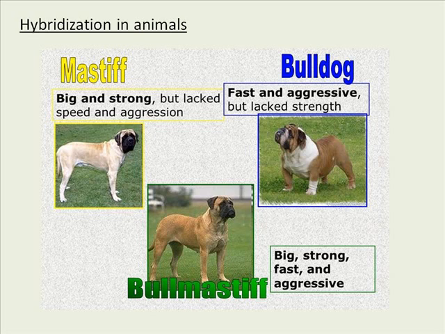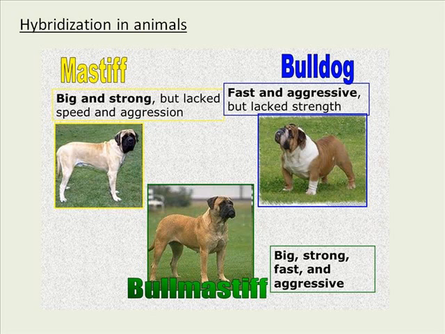But when we look at hybridization in animals, probably the most common to see, and most of you would know about, would be our different dog breeds. One example would be the Bull Mastiff, which you see in the center bottom picture here. The Bull Mastiff is bred from a Mastiff, which has the characteristics of big and strong, which I have bold printed in the picture.